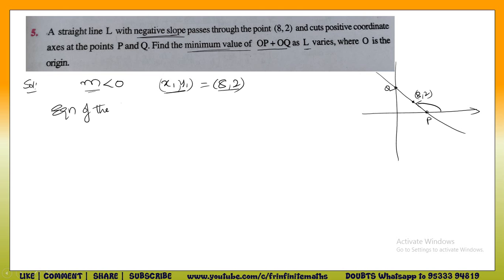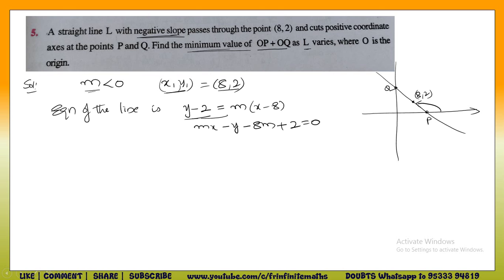So equation of the line is given by y minus y1, which is 2, is equal to m into x minus x1. What is x1 here? It is 8. Now from this, on simplification, I can write this as mx minus y minus 8m plus 2 is equal to 0, right?